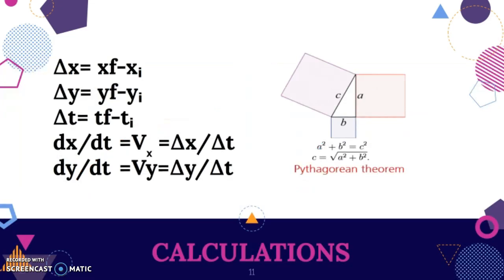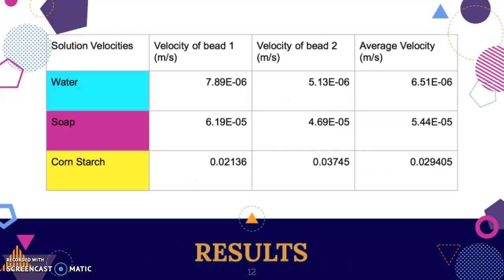We use these calculations to solve for the velocity in both the X and Y directions, and then using that we use the Pythagorean theorem to find the average velocity of each of the beads. The following table presents the solution velocities for water, soap, and cornstarch, and it shows the calculated velocity for bead 1 and bead 2, because as we said before, we measured the position and time for both of them.